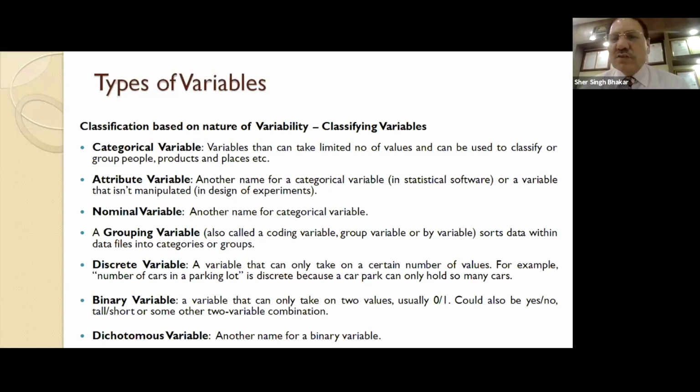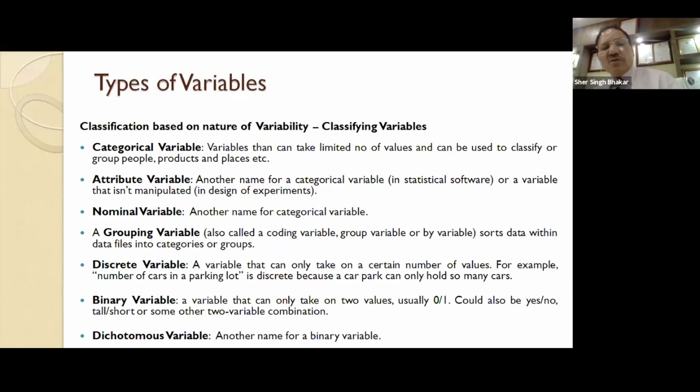In fact, even locus of control can become a nominal variable, high, low, or neutral. So with locus of control, internals could be one category and externals could be another category. So a nominal variable is again a category variable, which is used for dividing the population into different groups.